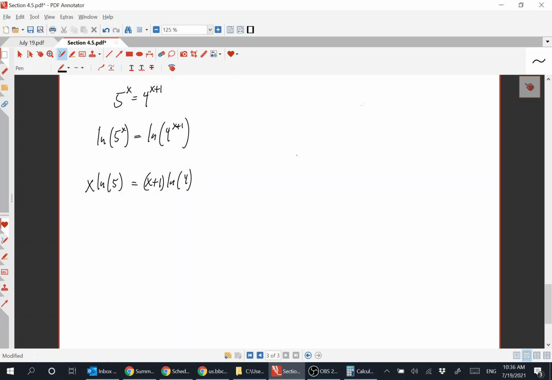All right, so I'm going to move my terms with x to one side, and the terms without x are going to stay on the right. So first I'm going to distribute here. So ln 5 times x is equal to ln 4 times x plus ln 4, like that. Now I'm going to move this over here, subtract it from each side.